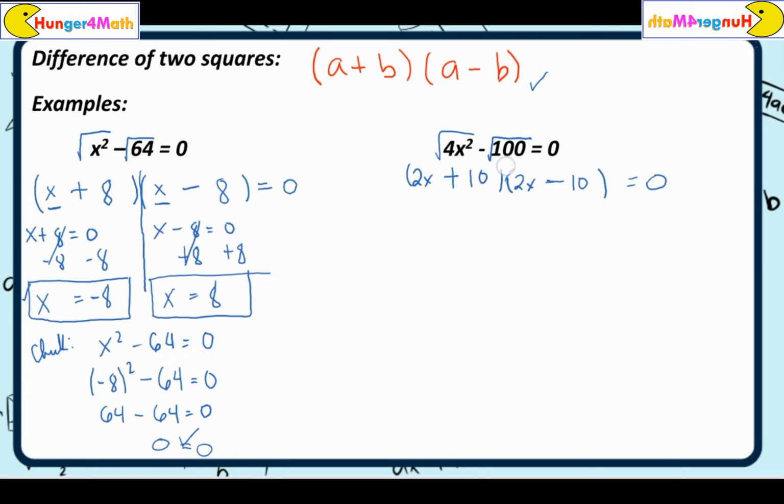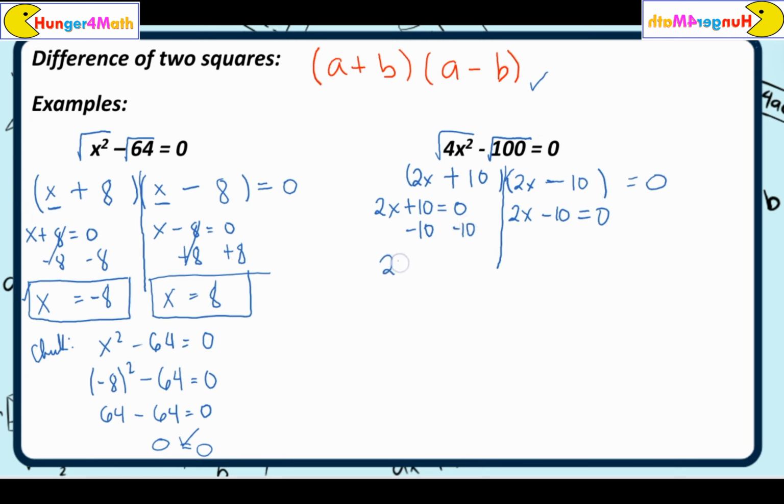Then we're going to split it and equate each factor to 0. So this becomes 2x plus 10 is equal to 0, and 2x minus 10 is equal to 0. Now let's solve for x. Here we subtract 10 from both sides.